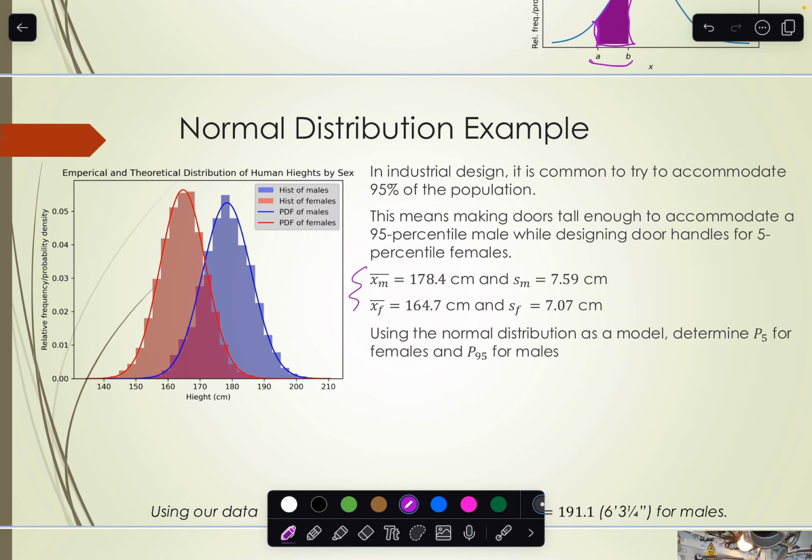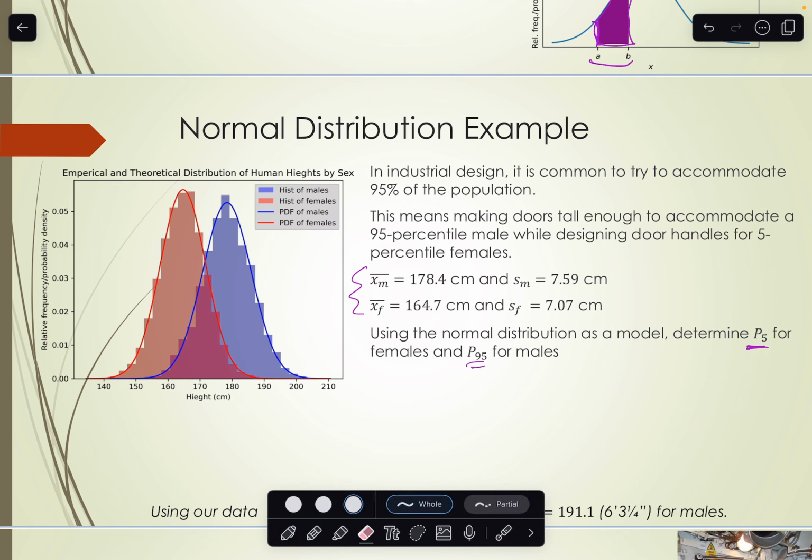Here are our parameters from the data. Here's the statistics from the data that we use to estimate our population parameters. Using the normal distribution as a model, determine P5 for females and P95 for males.